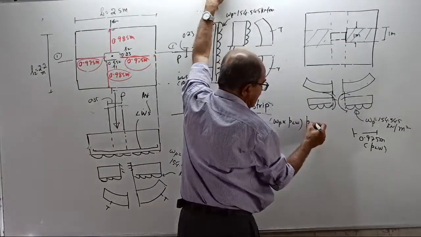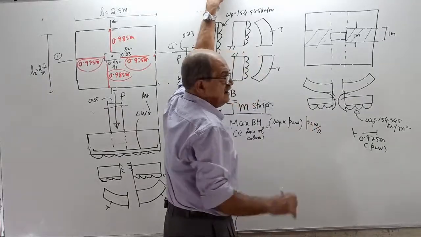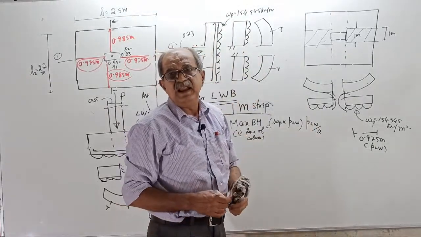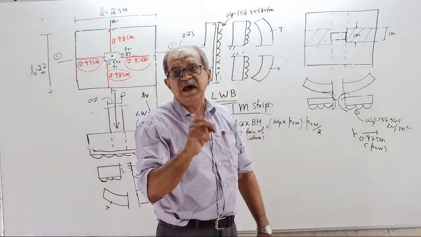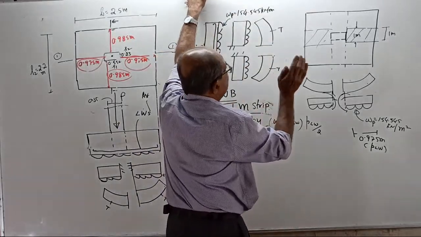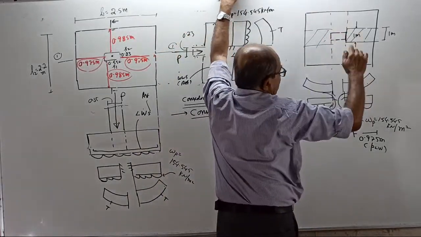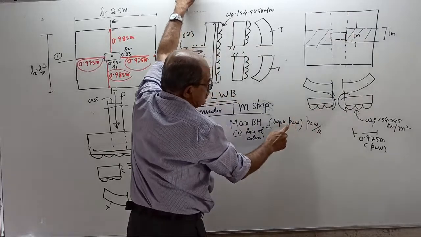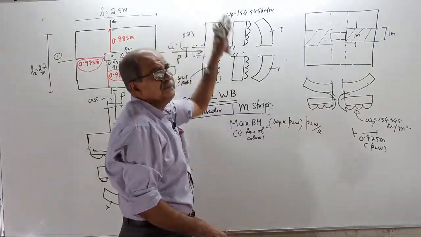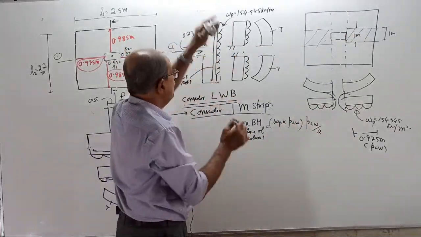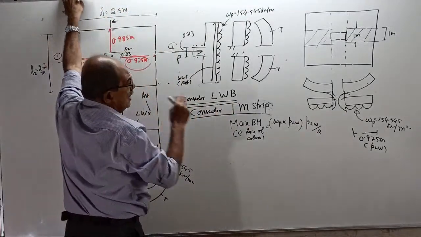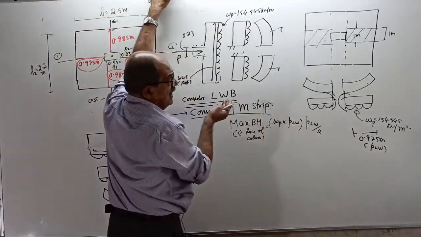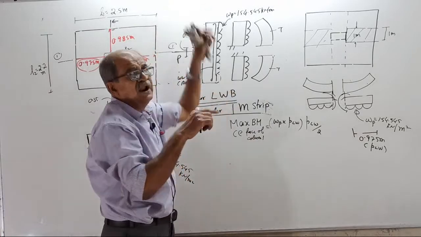Into PLW by 2. This is for lengthwise bending. Remember, later when I consider widthwise bending, my cantilever will be this way. At that time, no change. Instead of P lengthwise, I will write P widthwise. Okay, now, if by chance these are unequal, you write P lengthwise on the left side or P lengthwise on the right side.